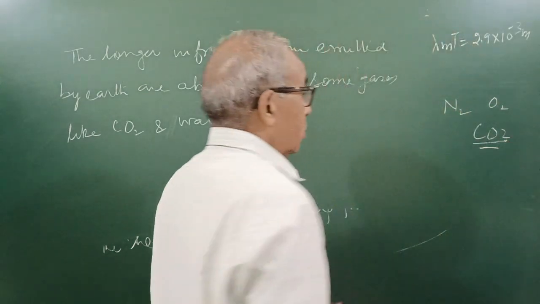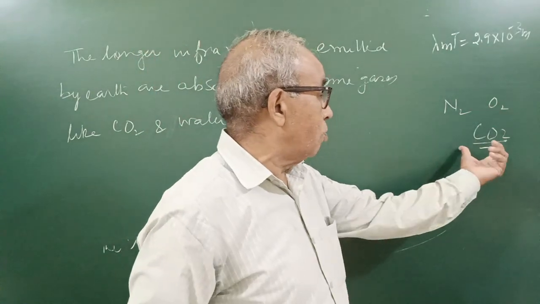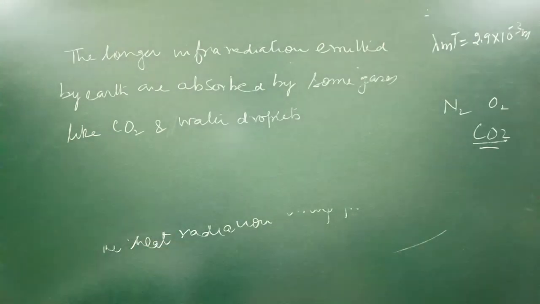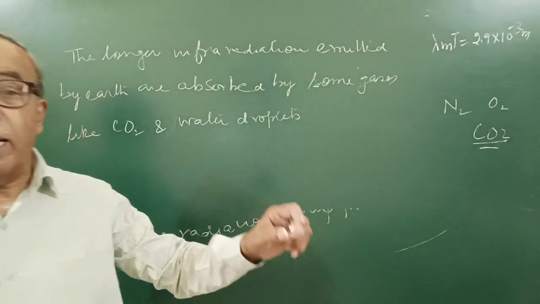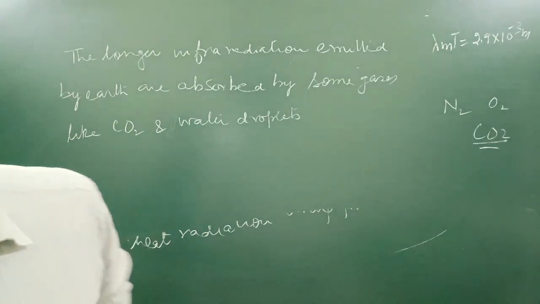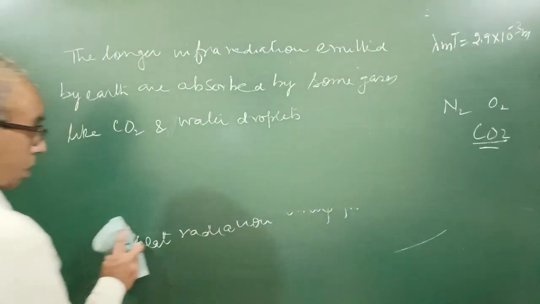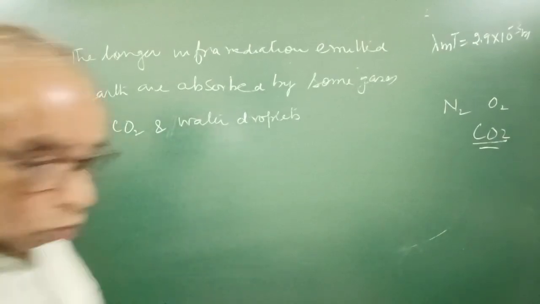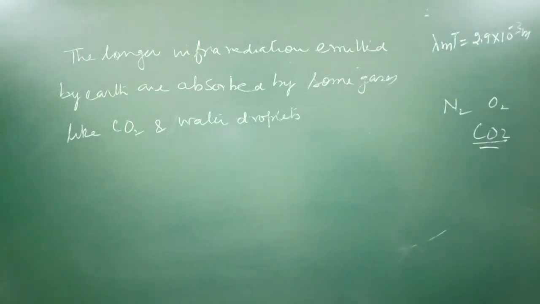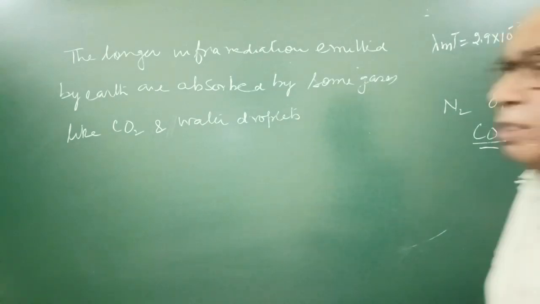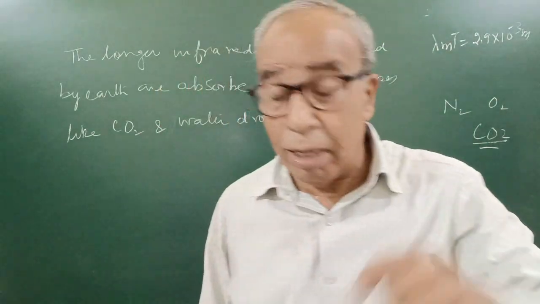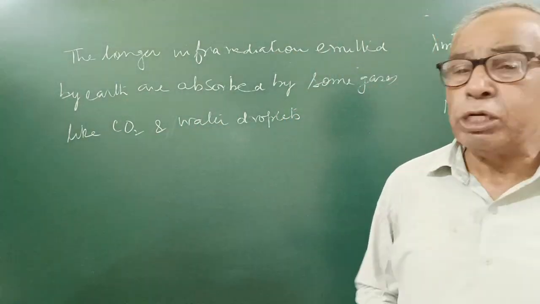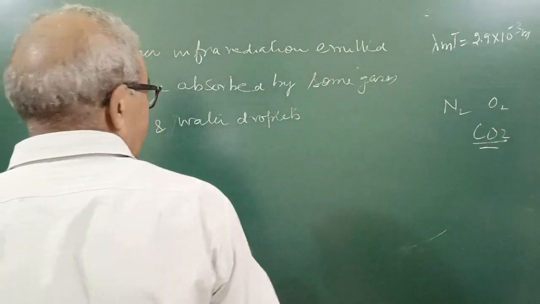CO2 is the heaviest one, with molecular masses 28, 32, 44. So CO2, being heavy, remains in the lower atmosphere. So only the lower atmosphere absorbs infrared radiation, and the radiation emitted by Earth does not go to large altitude. Very little of the radiation from Earth can escape. The majority of the infrared radiation is absorbed.